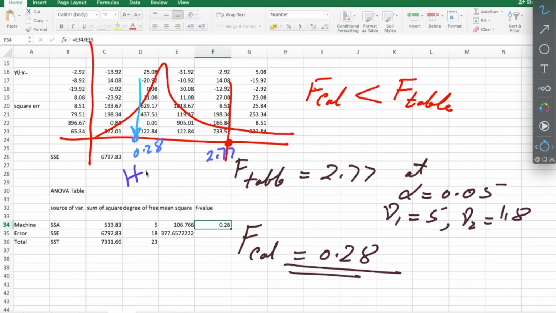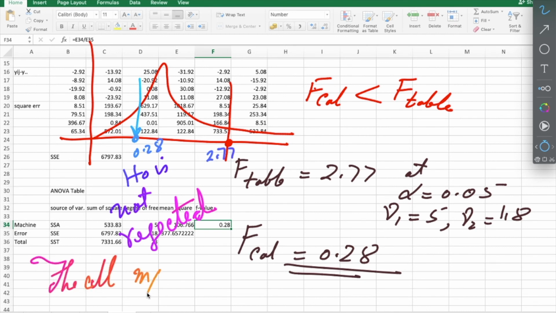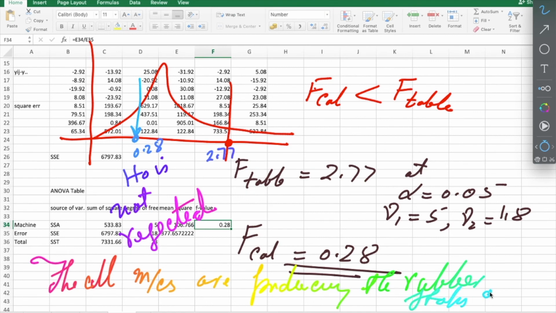It means that H0 is not rejected. It means that all the machines are producing rubber stamps of the same tensile strength.